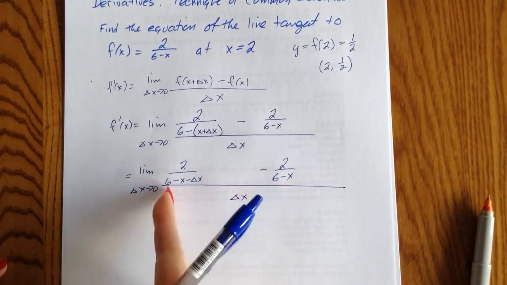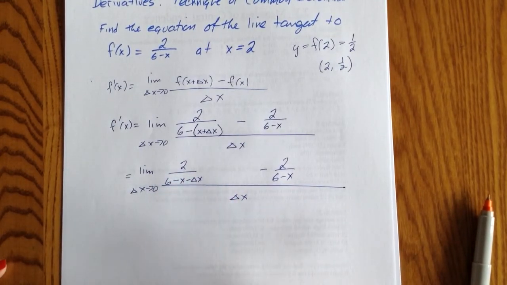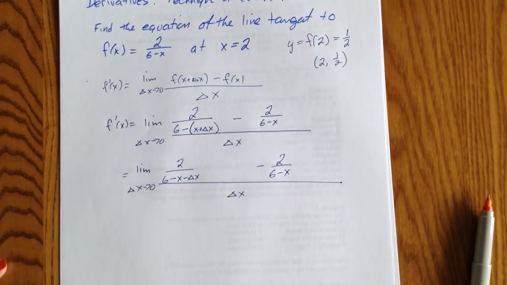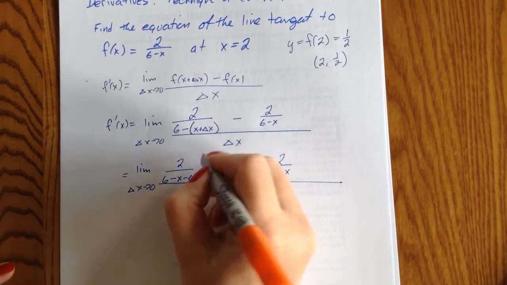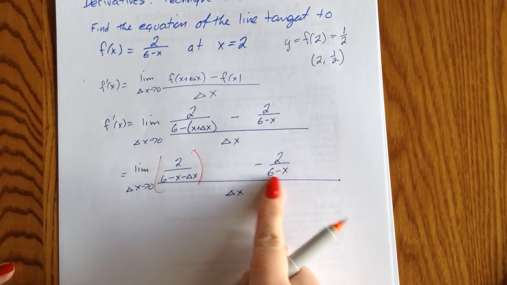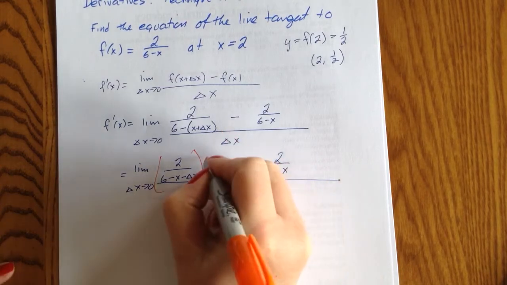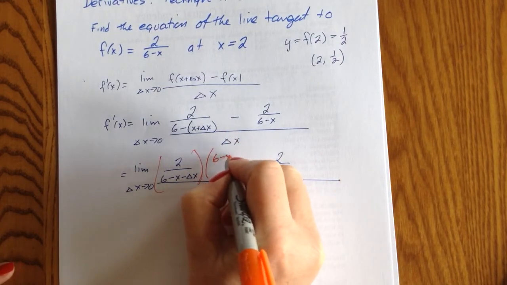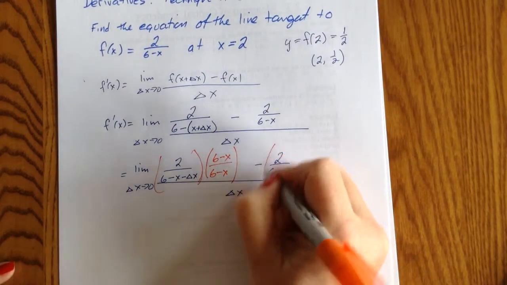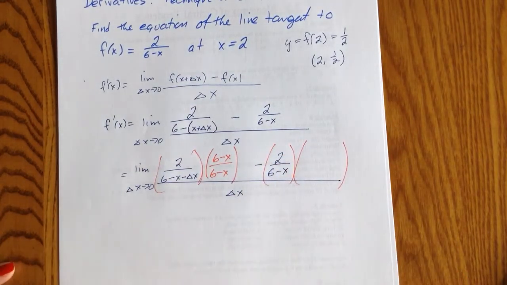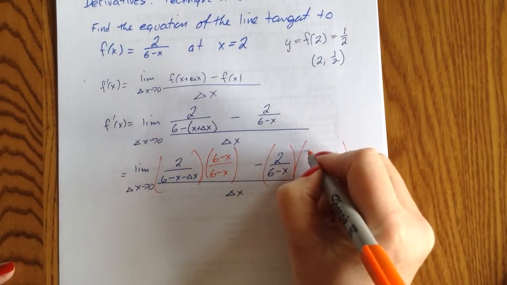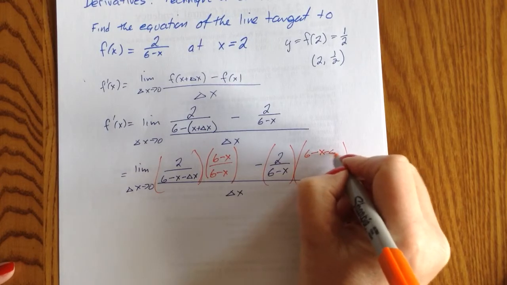All right, I am going to get a common denominator here. No, there's no fancy shortcut of just tacking a minus delta x here. We have to multiply by forms of 1. So the first fraction is going to be multiplied by the form of 1, 6 minus x over 6 minus x. The back fraction will be multiplied by a form of 1, 6 minus x minus delta x. There's no way around that.